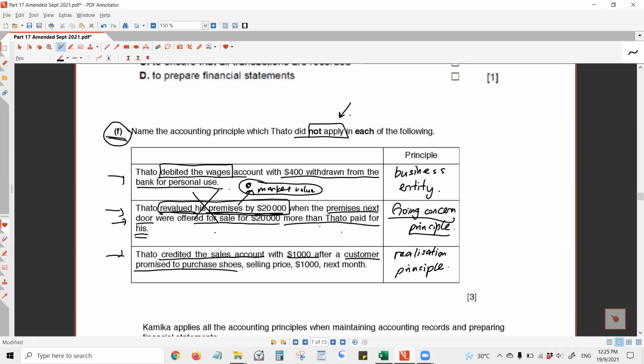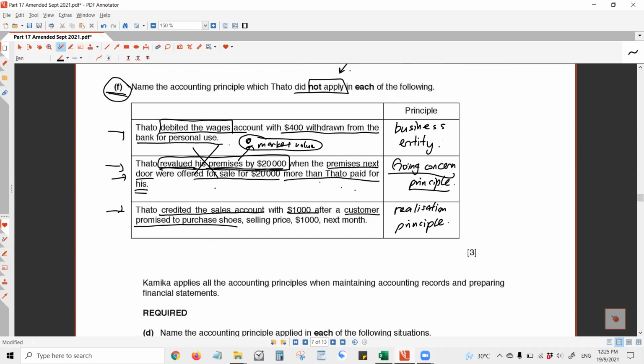Yixin, you have to read the question carefully. 20,000 is not the cost. The premises next door were offered for sale for 20,000 more than Tato paid for his. How much Tato paid for his? They didn't give you the cost.